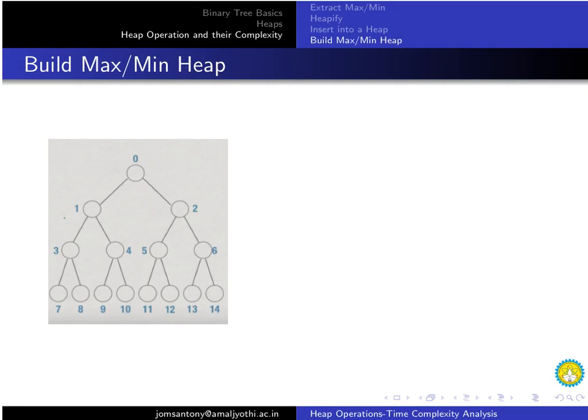So what we need to do is, on n by 4 nodes, you have to perform one operation.